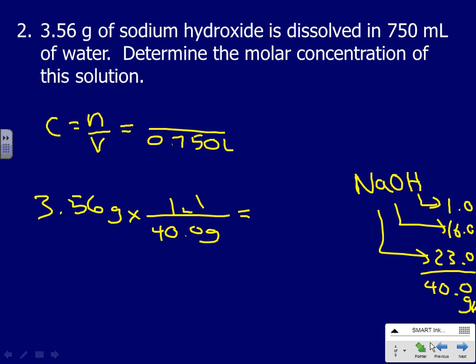What do we have for a number here? 0.0890. And that's moles. Now, the reason I say don't clear your calculator, because what do you have to do now, essentially, to finish this question?